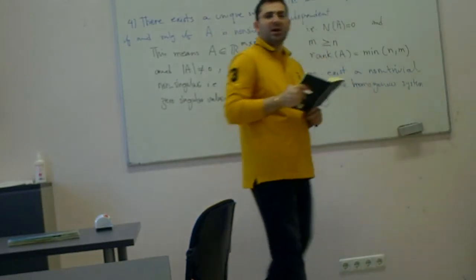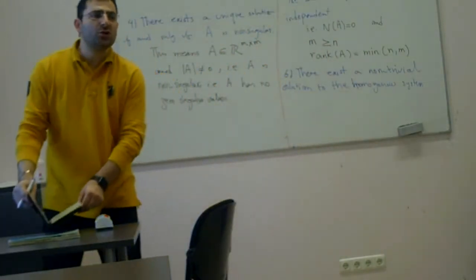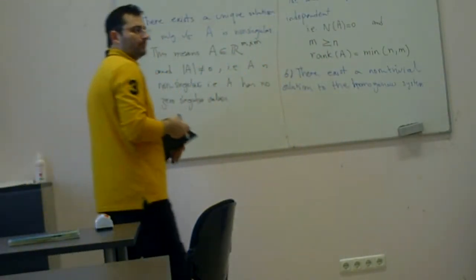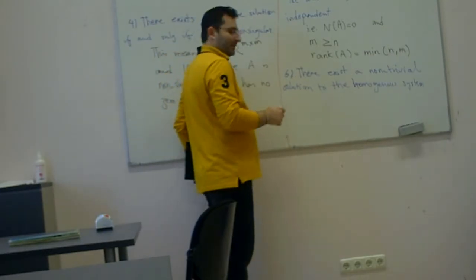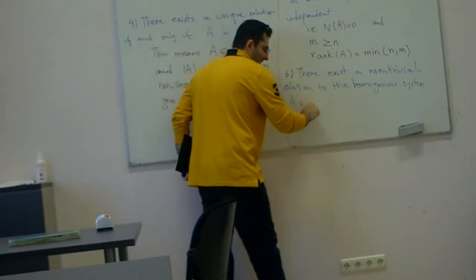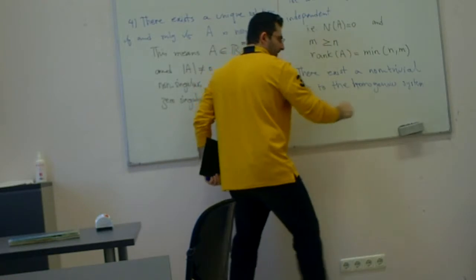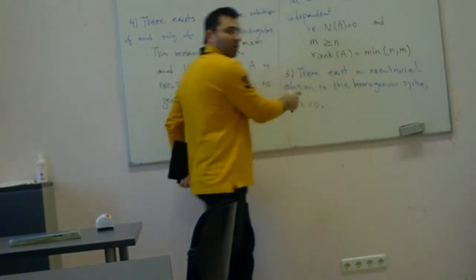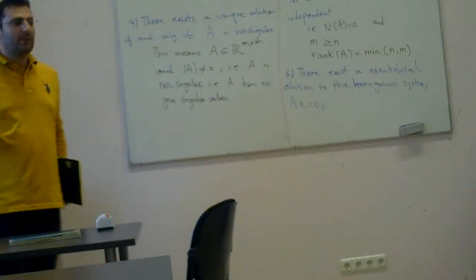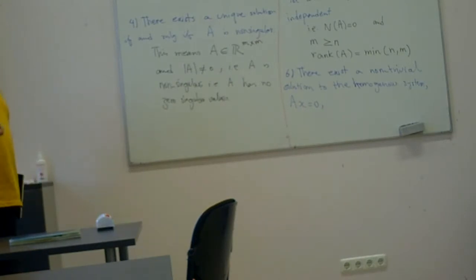Two questions. Question one, what is homogeneous system? Homogeneous system means Ax is equal to 0. We equate it to 0, it means it's homogeneous. What do we mean by non-trivial solution? What is a trivial solution to this?